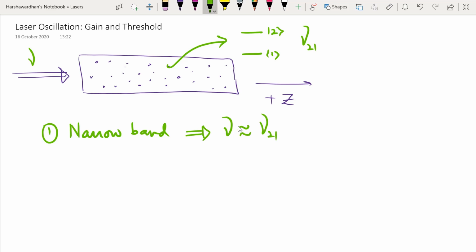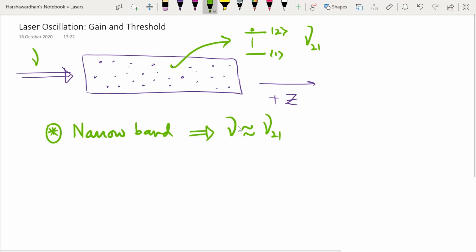That's, we are near resonant condition. So the first step in a laser is basically this business of amplification. So when does amplification happen? It happens when there is population in the excited state and then the process of amplification, stimulated emission.